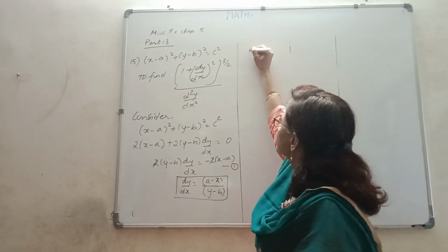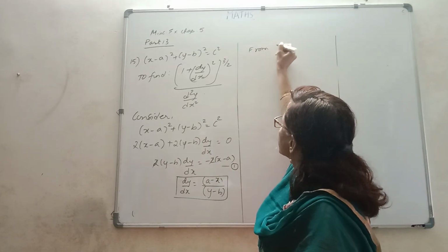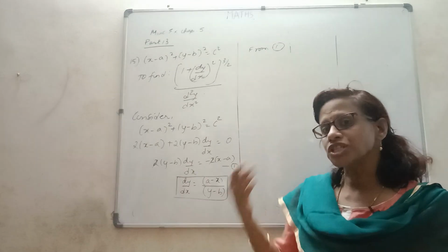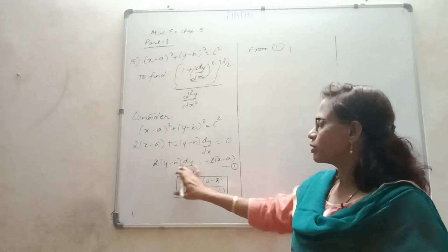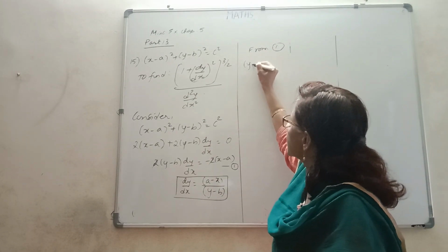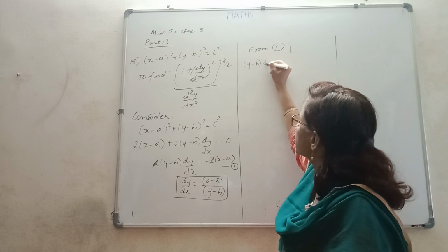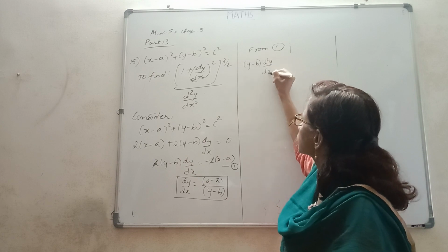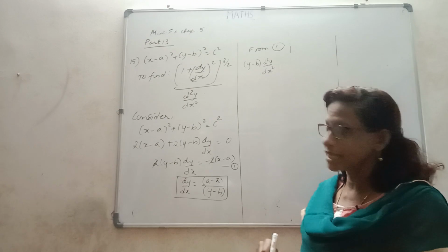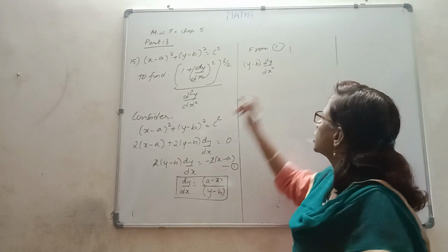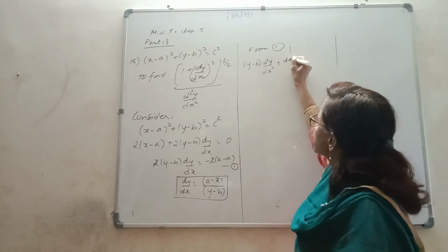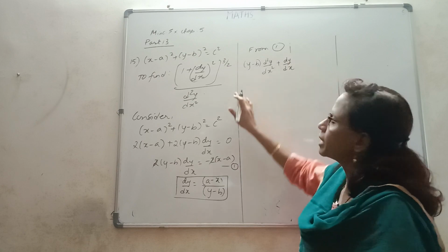From 1, we are differentiating once again. It's a product over here: y minus b as it is, times the derivative of dy by dx, which is d squared y by dx squared, because we are taking the derivative with respect to x. Next, dy by dx times the derivative of y minus b.